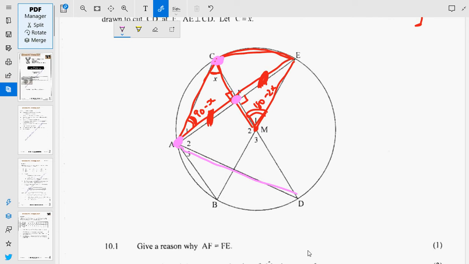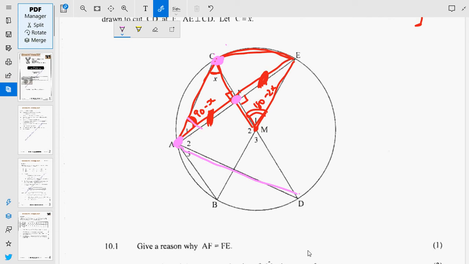What I have to prove here, usually you have to prove one of the properties. I won't go into details here because this is an exam review, but if you look at what you are given, if I can prove that A2 is equal to C, which is x, then I'll have the tangent chord theorem, and then I would have proved that AD is a tangent. You are given that CD is a diameter and the angle opposite the diameter is 90 degrees.